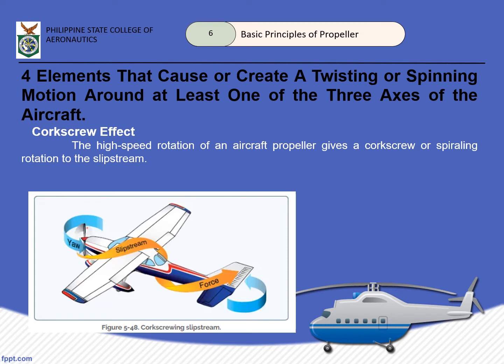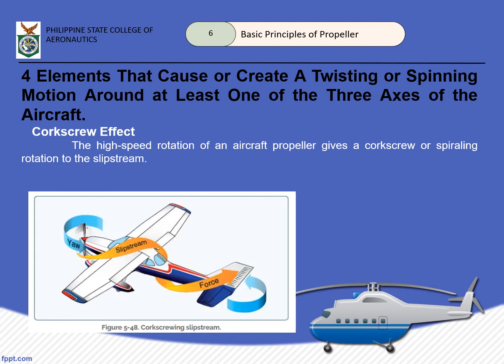Of course, yaw to the left, since the left vertical fin is what gets hit by the force from the slipstream. So, this also causes a rolling moment but is mostly counteracted by the torque effect that we discussed earlier.